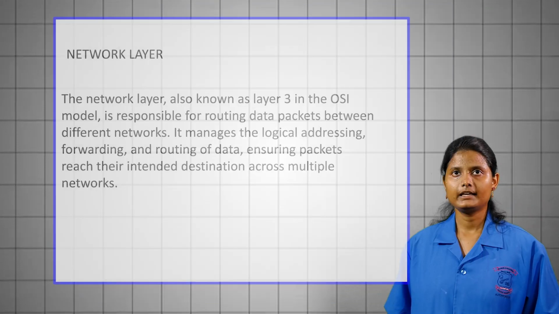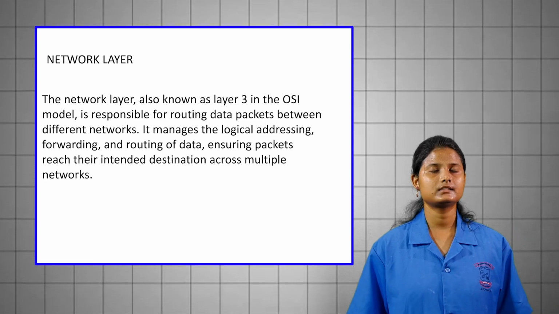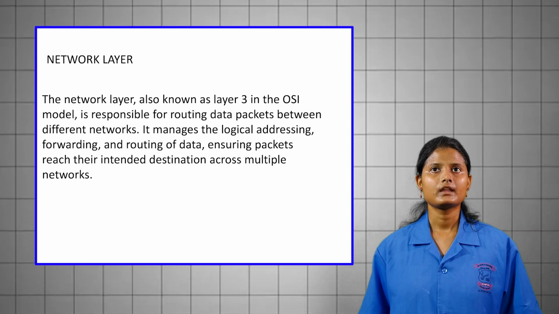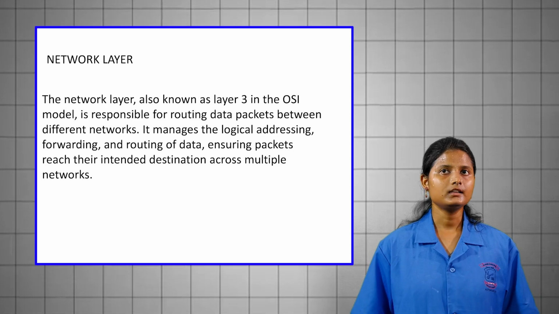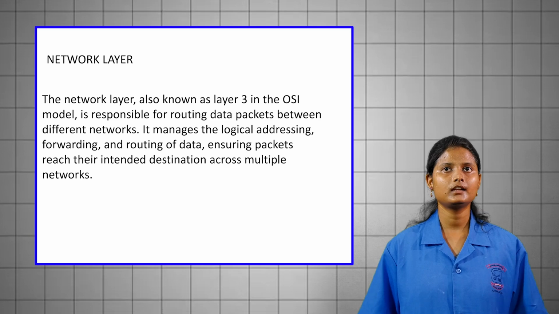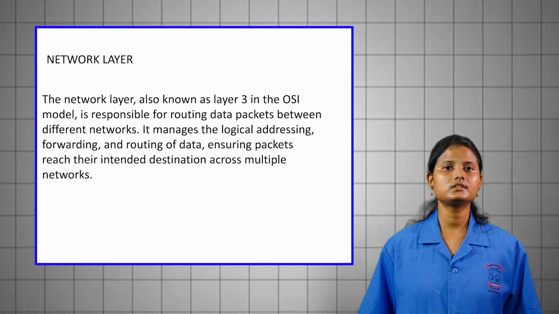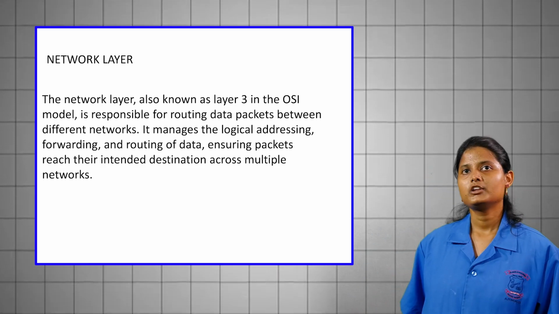Next, network layer. Network layer follows the OSI model and is responsible for routing data packets, logical addressing, and forwarding the data packets as intended. It gives decision making and multiple network devices communication.